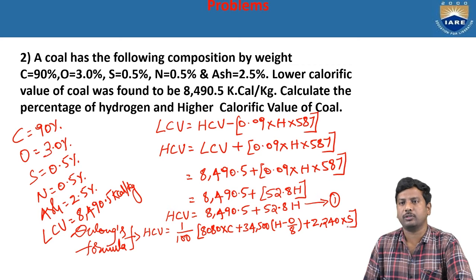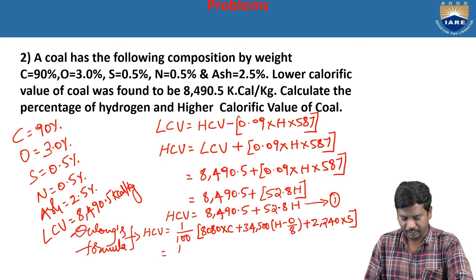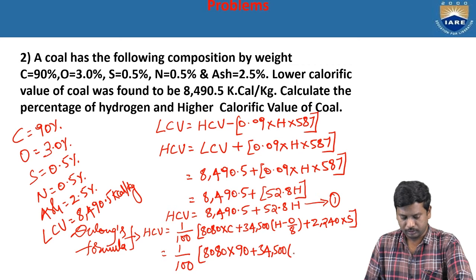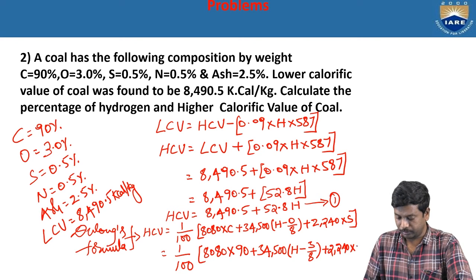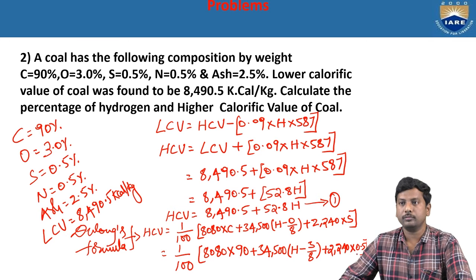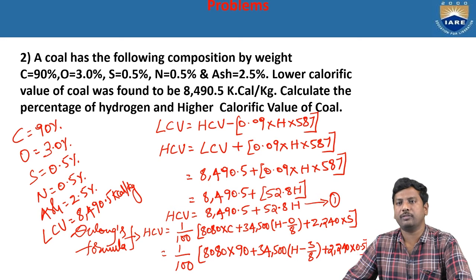So this is the formula for Dulong's. Now we determine 1 by 100 into 8,080 into the percentage of the carbon, 90, plus 34,500 into the value of hydrogen. There is no value for hydrogen, minus oxygen, 3 by 8, plus 2,240 into the value of sulfur, 0.5. So this is the substitution of the values in Dulong's formula from the given data.